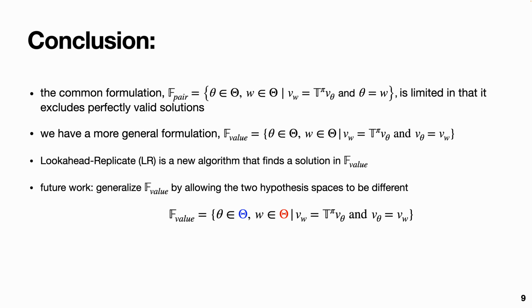One really exciting future work that we are thinking about is to go beyond F value. If you think about the set F value, we notice that we don't even need the two parameter spaces to be the same. That is, the hypothesis class for the target network and the online network could also be different, so long as we eventually satisfy the Bellman equation and make sure that the two value functions are the same.